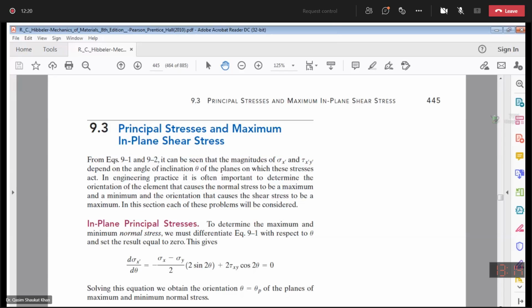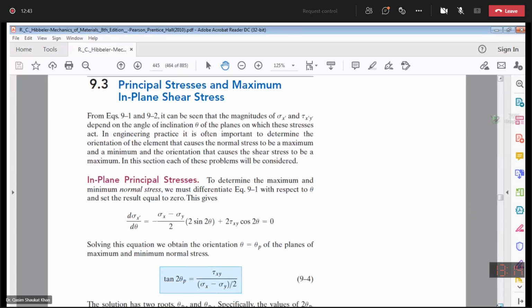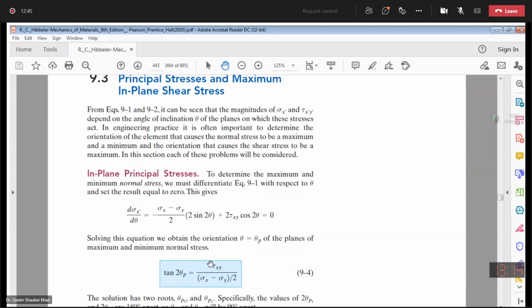That was sigma x dash is equal to sigma x plus sigma y over 2, plus sigma x minus sigma y over 2 cos 2 theta, plus tau xy sine 2 theta. So we will differentiate this equation with respect to theta. So this is your derivative. Then you equate that derivative to 0, and after simplification we get this final expression. This derivation we have already covered in our last lecture.